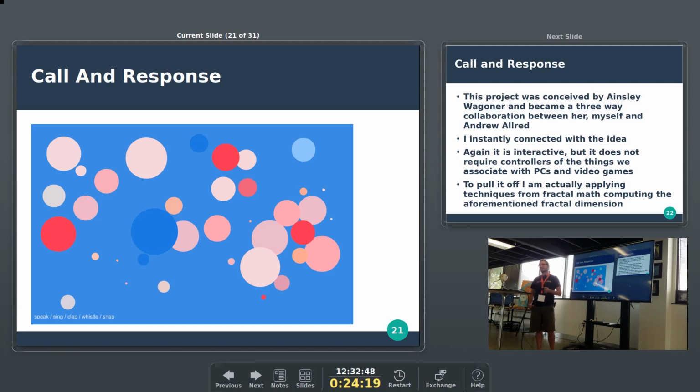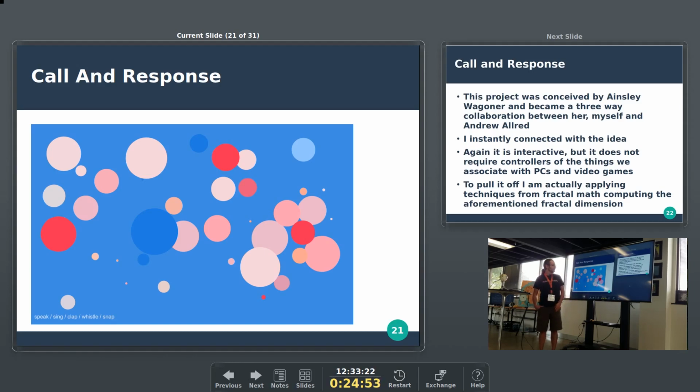In this case, you're interacting with sound rather than the camera, but you come up to it, and what you first see is just a sea of tiny dots that are just sort of not doing much. But if you start talking around this piece, you'll notice the dots start to grow. And if anything harmonic happens, like humming or singing, you might notice that the dots start to get colors. And percussive sounds like snaps or clicks or somebody stomping their feet will change up the color scheme and kind of reset everything.